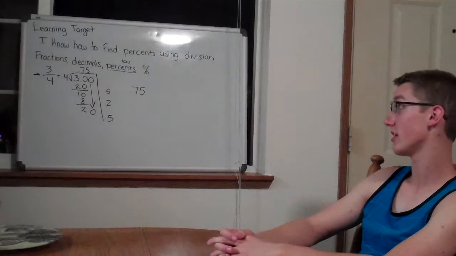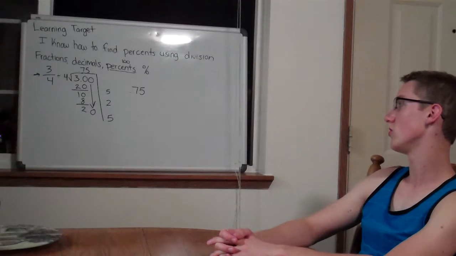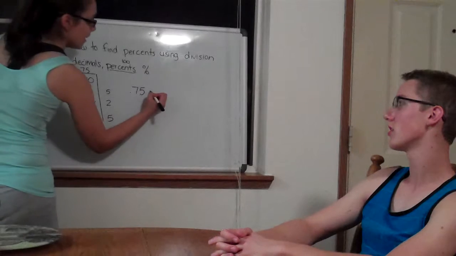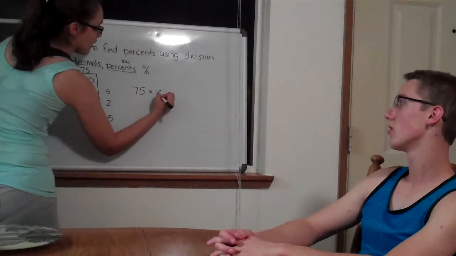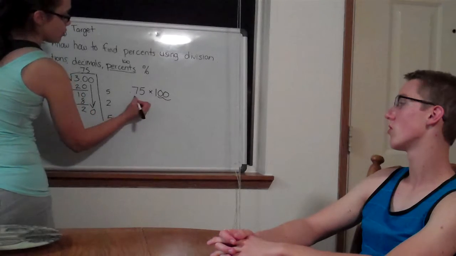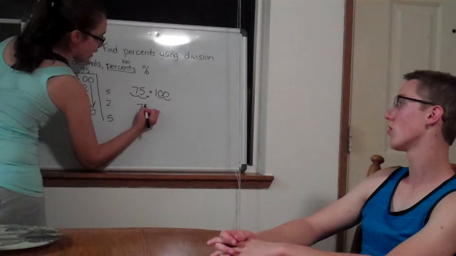From a decimal. Well, if it's per 100, you could multiply it by 100? And if we multiply it by 100, we move the decimal place 2 places. And then we get 75%.